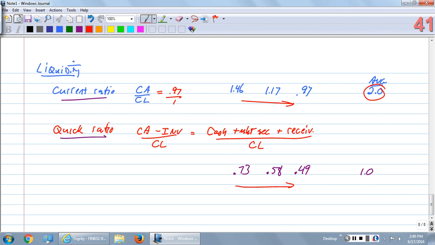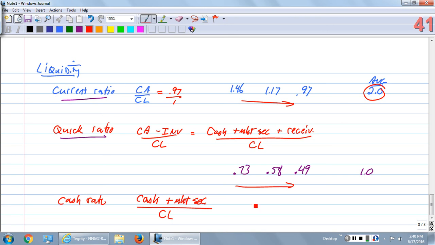So we need to look pretty closely at how much cash we have, the marketable securities, receivables, and see what's happening there. We can also look at our cash ratio. And our cash ratio is just cash plus your marketable securities divided by current liabilities.